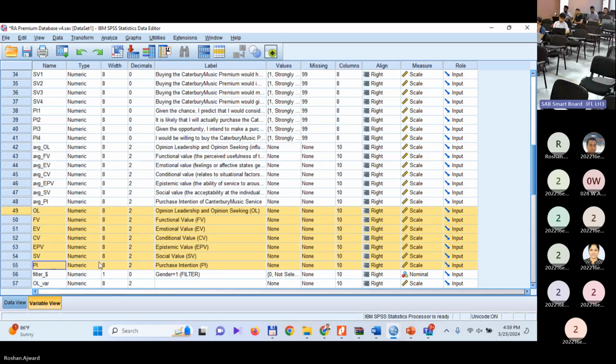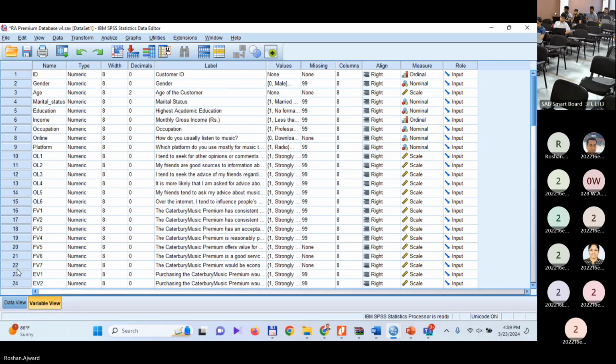Now here, this is purchase intention, isn't it? PI is the purchase intention. Right. We need to see whether the purchase intention is different based on gender. So do you have a gender variable? Yes, indeed. Here you can see at the top gender, 0 male, 1 female.